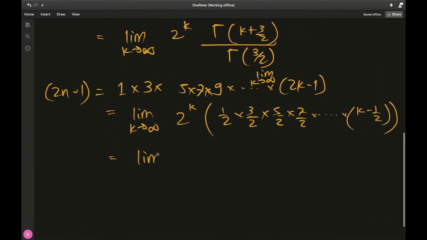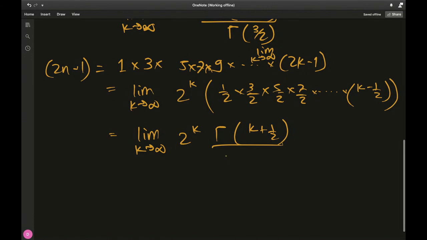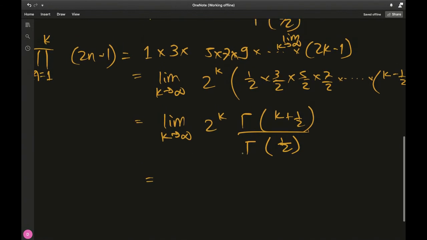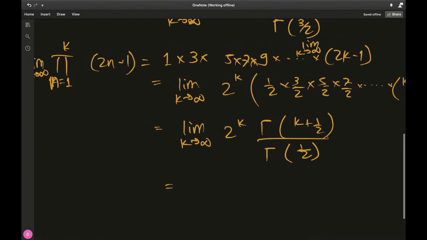So similar to what we did above, we can write this in terms of gamma. So gamma of k minus half plus 1, or gamma of k plus half, divided by gamma of half, because we don't want the factorial to go beyond half. Okay, and although this is diverging to infinity in the limit, let's just keep it as it is.